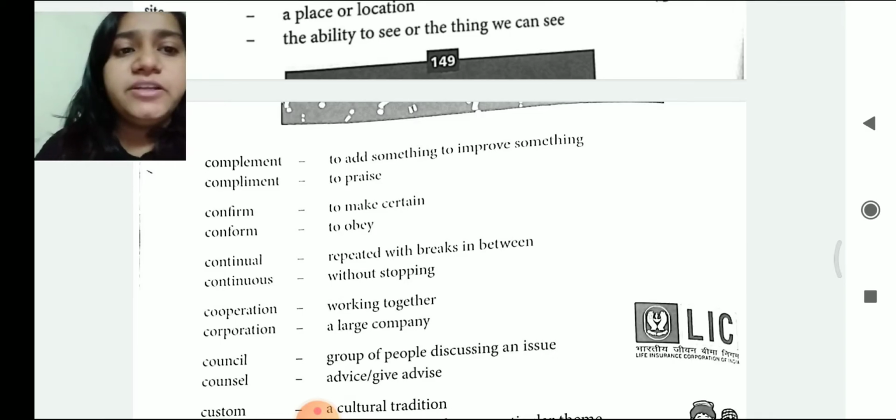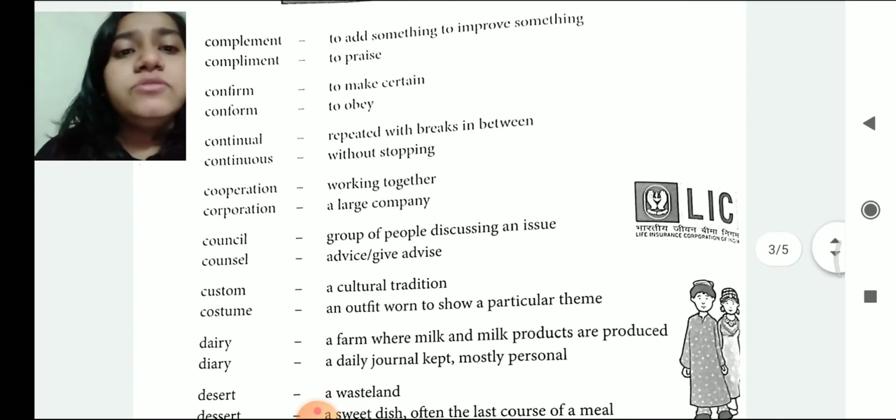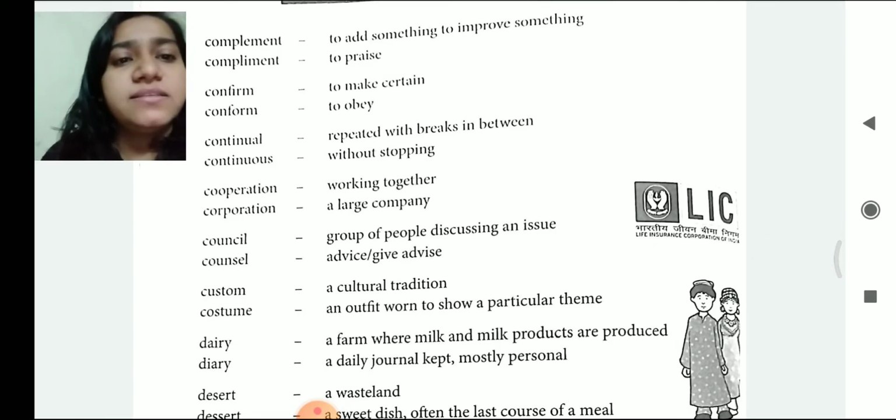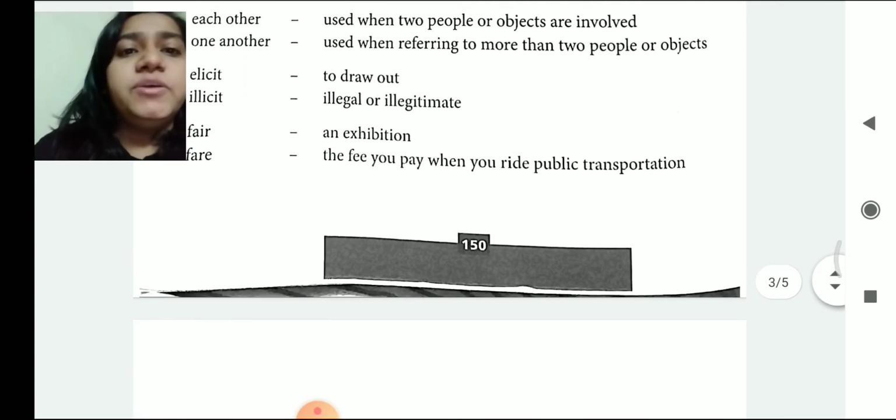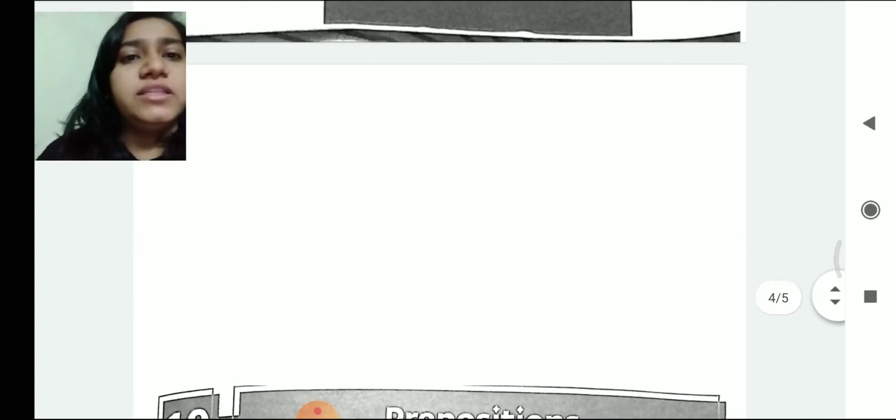Continual, that means repeated with breaks, and continuous, that means without stopping. Cooperation, that means working together, and corporation, that is a large company. Council, that means the group of people discussing an issue, and counsel, that means to advise or give advice. Custom, that is a cultural tradition, and costume, that is an outfit worn to show a particular theme. My dear students, the rest of the meanings are what we already discussed during the class time.